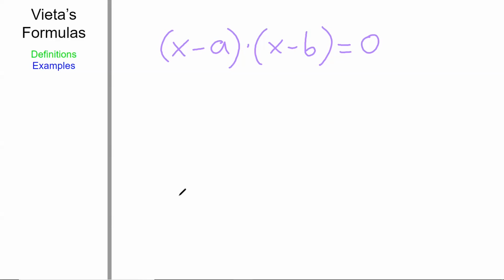In order to make this true, either this term is 0 or this term is 0. If x minus a is 0, that means that x is equal to positive a. And if x minus b is 0, that means that x equals positive b.